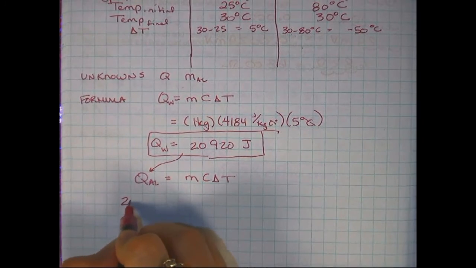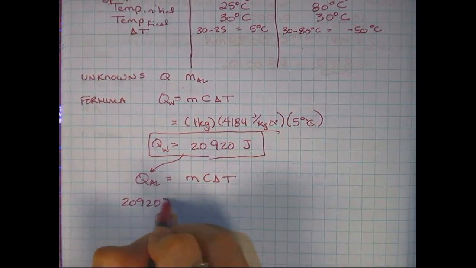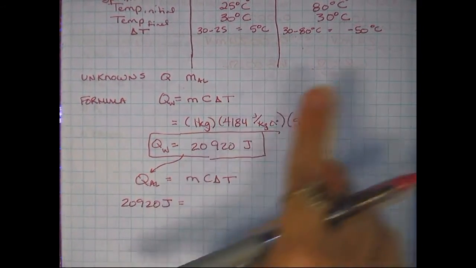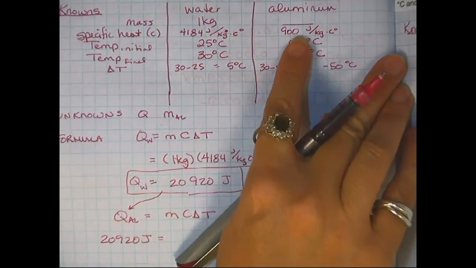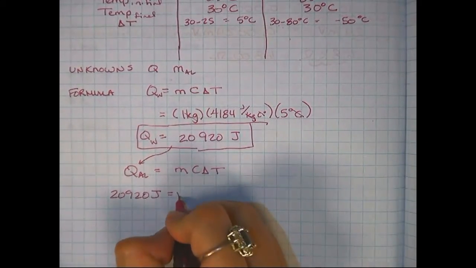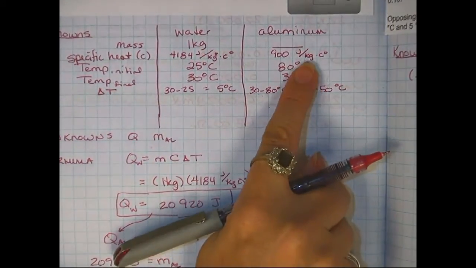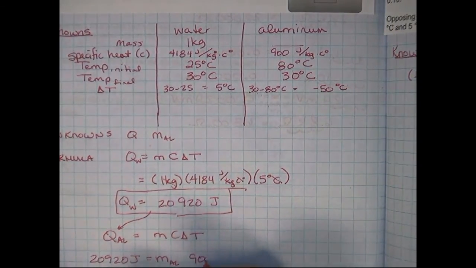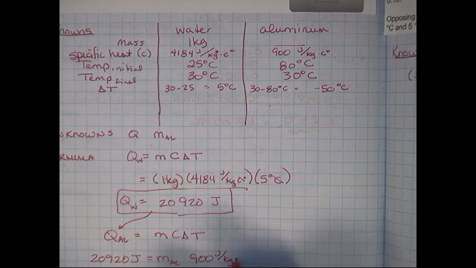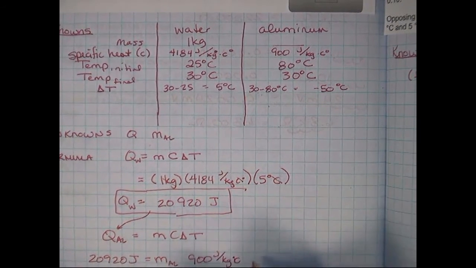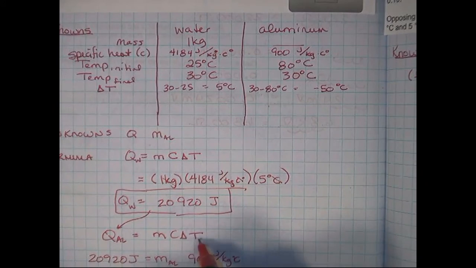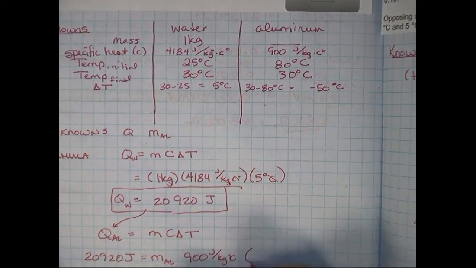So this is going to be 2920 joules. We know the mass of aluminum from up here. Oh no, that's what we're looking for. The mass of the aluminum. We know the C of the aluminum. It's right there, 900. And we know the delta T for the aluminum was 50.